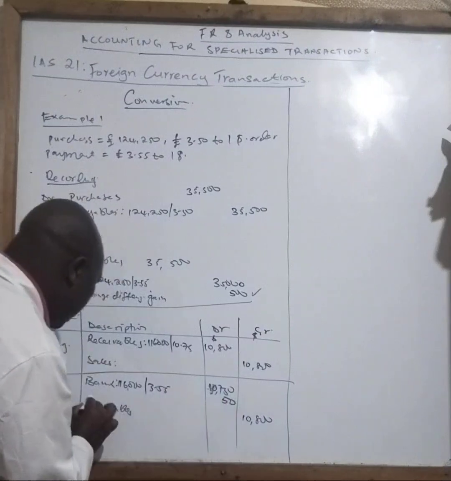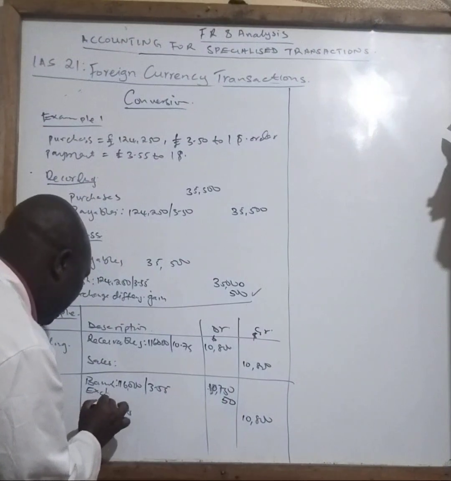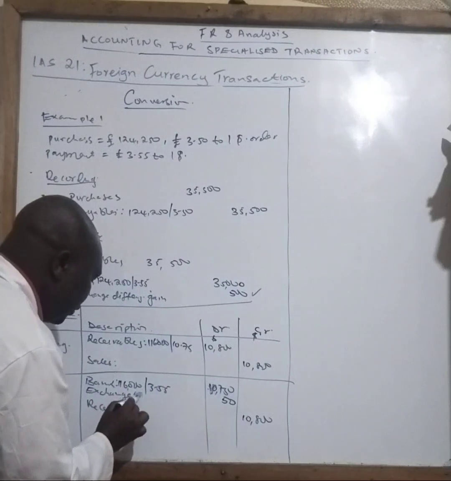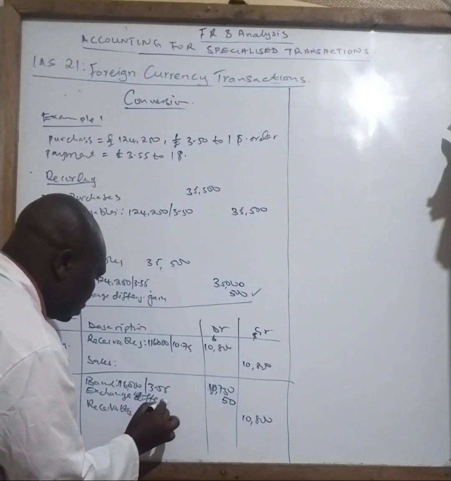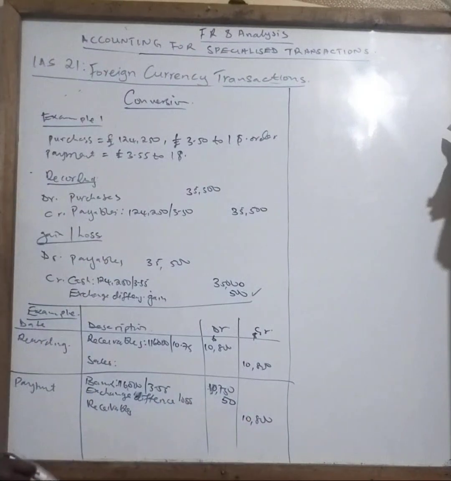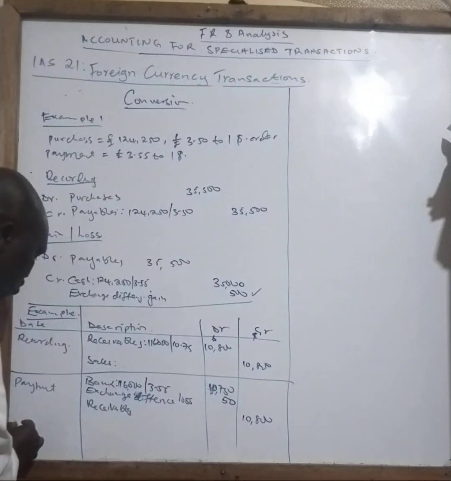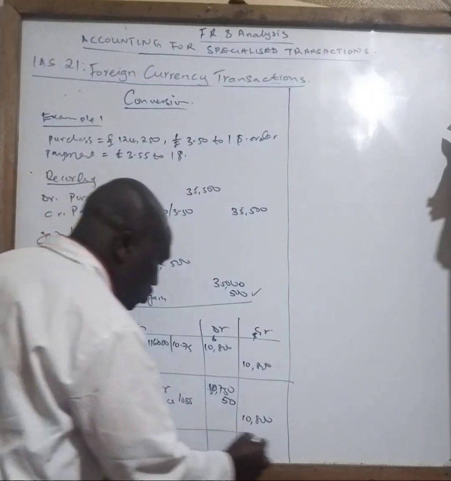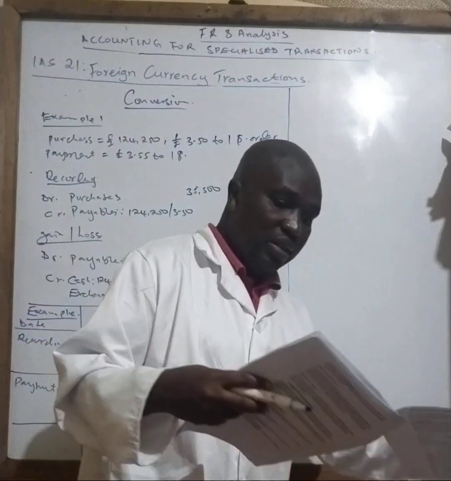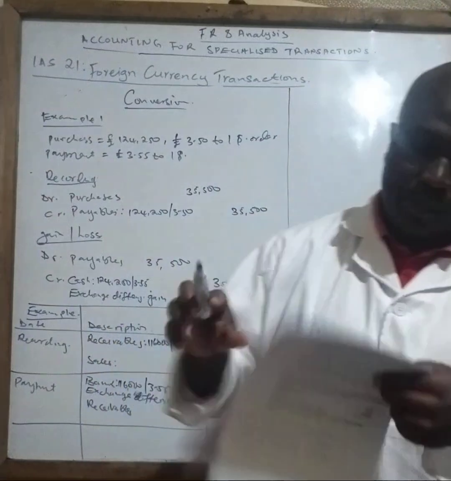So this one is exchange difference, loss. Being the payment in US dollars. That is how you are supposed to analyze those examples.